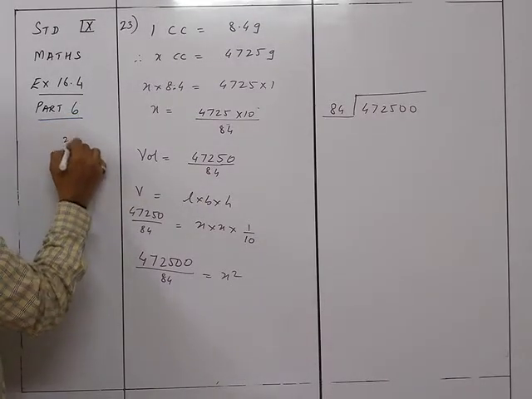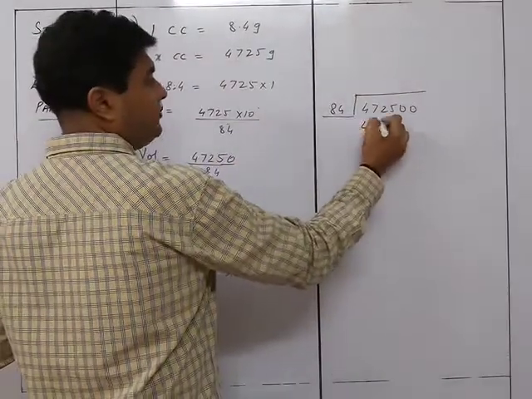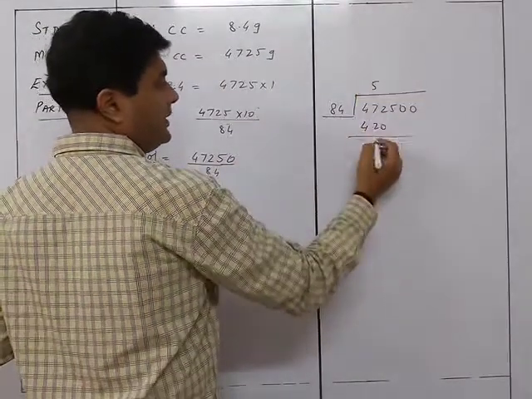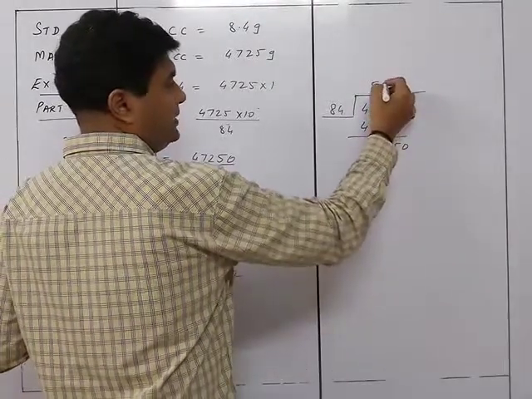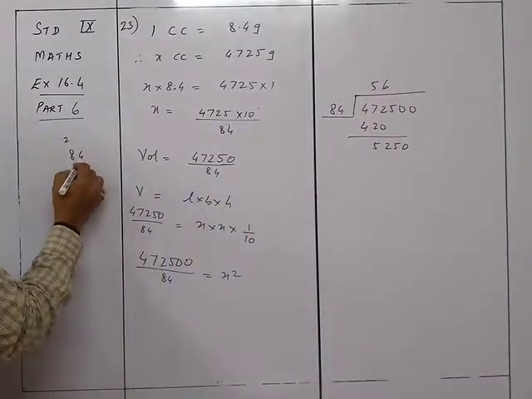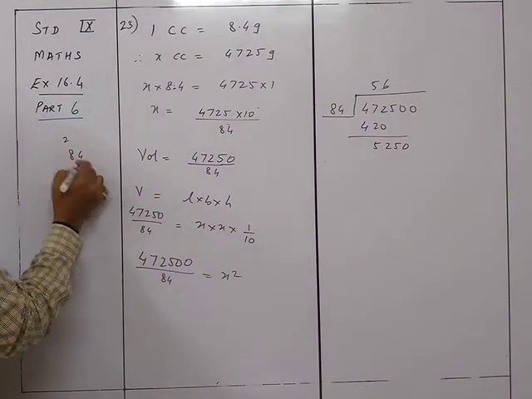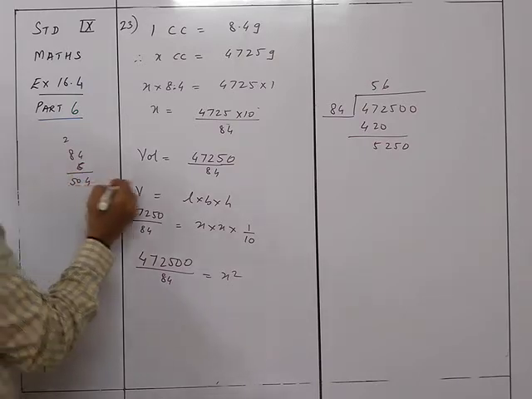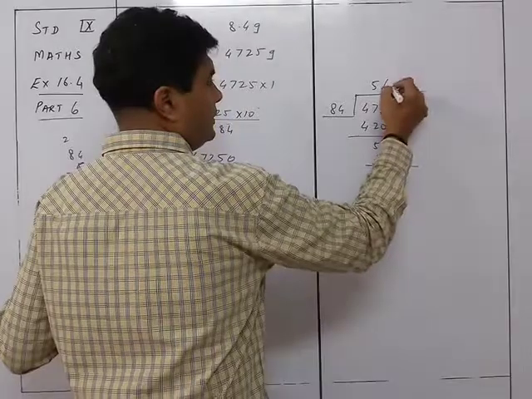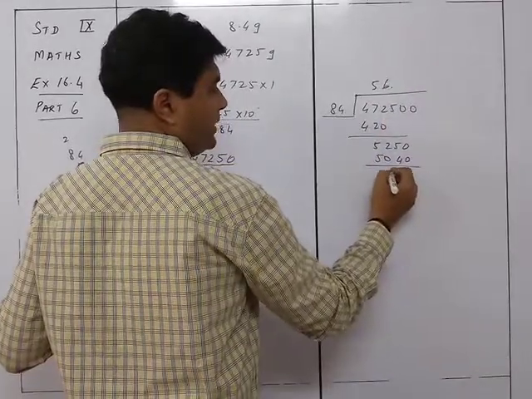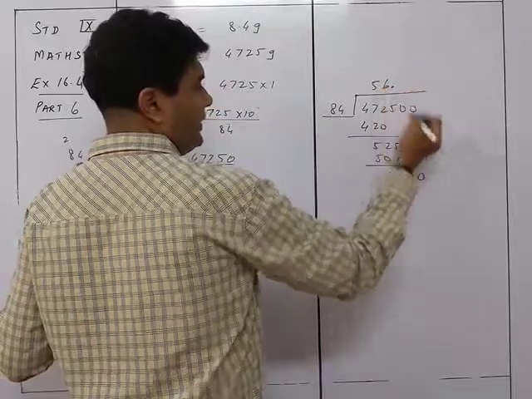So 5 4s are 20 and 8 is 42. So this is 420, 5s, and that will give me 2 and 5 and 5 and 0. So that will be 6. If I take it as 6, that will be 6 4s are 24, 48, 50, 504. So it will be 5040 upon, this will be 0, this will be 1, this will be 2, and then 0 comes here.